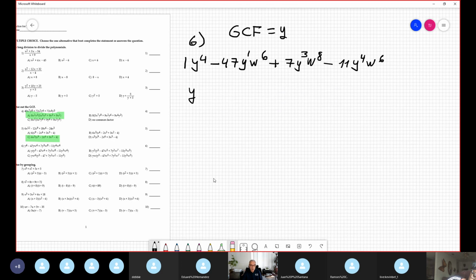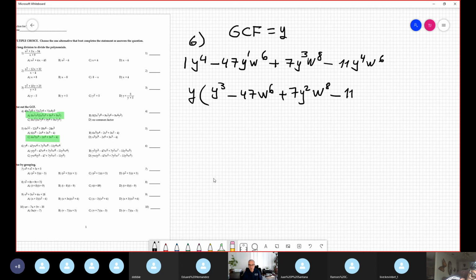Take y out and open new parentheses. You have y to the 3rd power, because we have 4 and you split it into 3 and 1. Minus 47, w to the 6th stays the same, because the only y in the second term goes outside. Plus 7 y squared w to the a, the a stays the same.